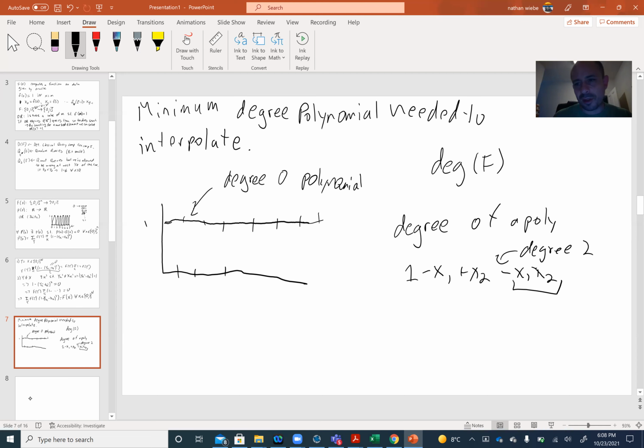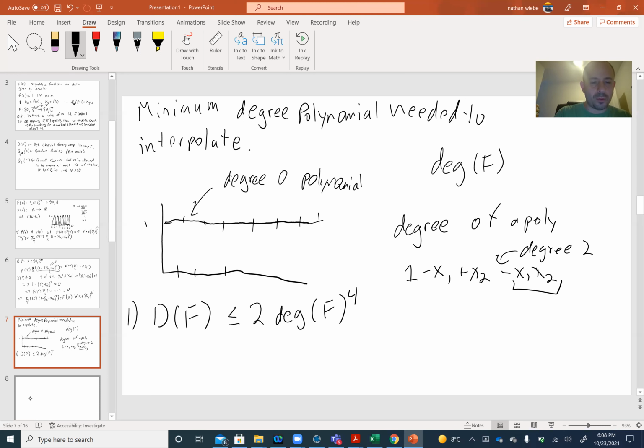Now, this is a little bit beyond the scope of what we're going to be talking about, but the classical query complexity has been shown to be directly related to this. We have that the deterministic query complexity of computing a particular decision function, D(f), is less than or equal to 2 times the degree of f to the 4th power.